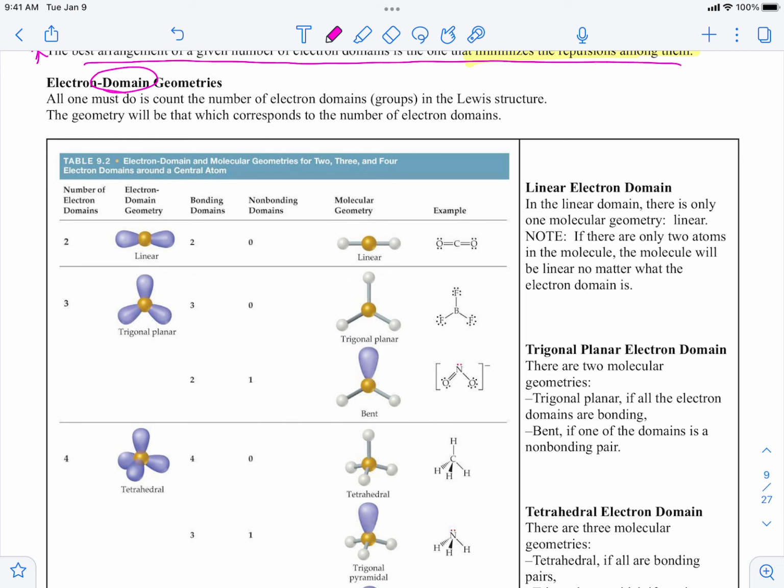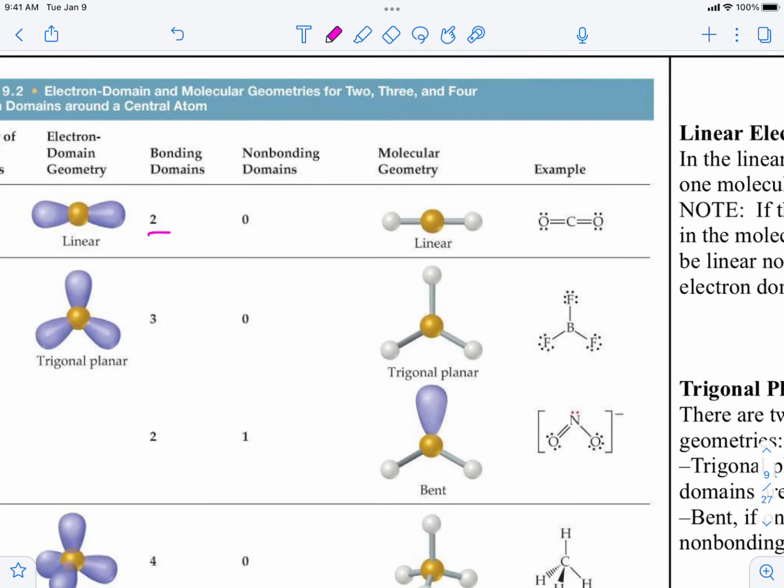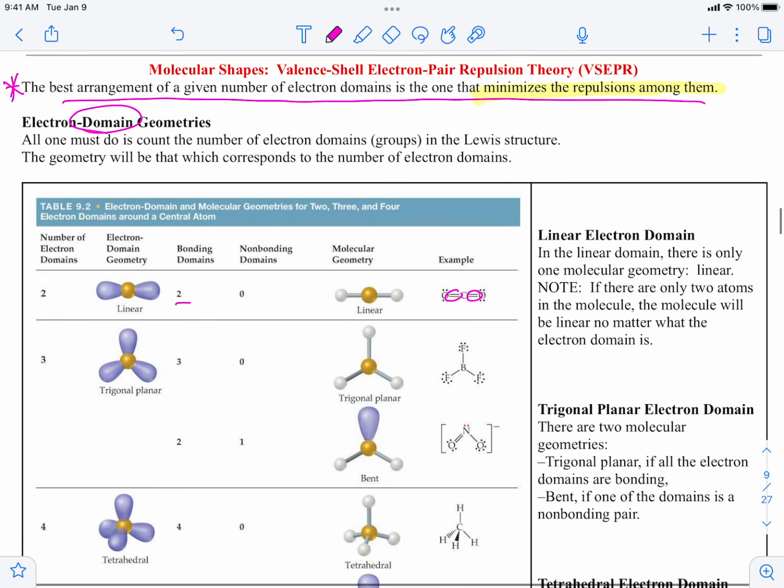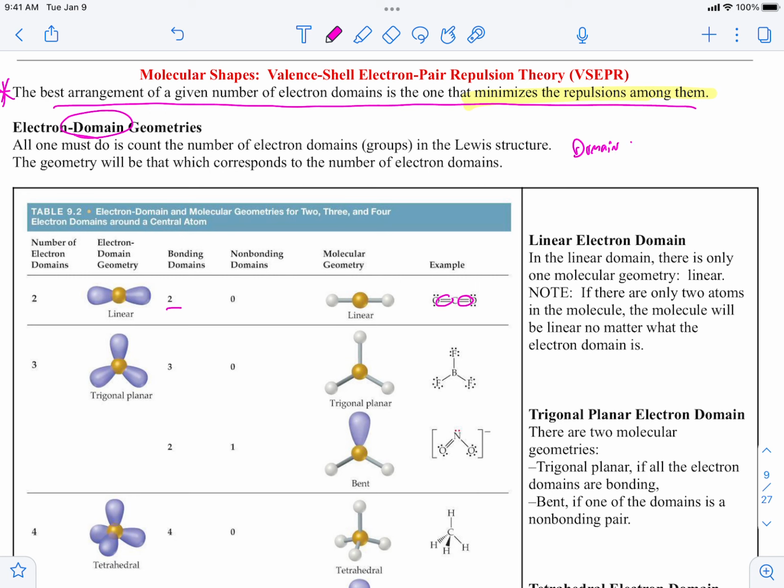When there are 2 pairs of electrons on the central atom, those are what we call 2 domains. An example, CO2 has 2 domains. Now those domains happen to be double bonds. That's okay. A domain is literally just an area where electrons are present. So that means a domain can be single, double, triple, or lone pair.